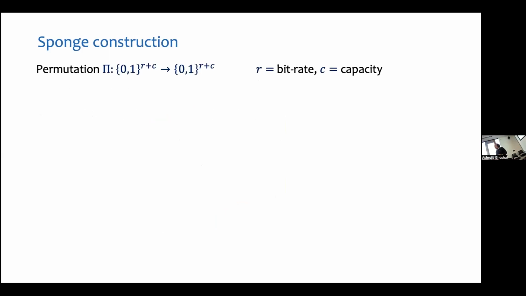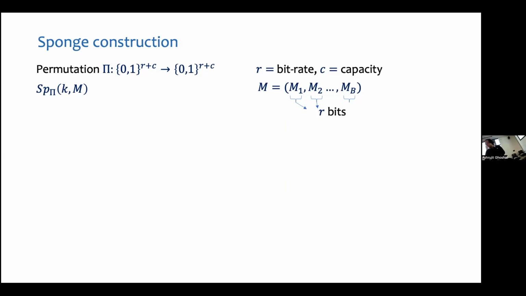Let me give you a very brief overview of how the Sponge construction works. It is parameterized by the bit rate r, that is the number of message bits per block, and the capacity c. The fundamental object is a permutation on r plus c bits. The hash of a message M is defined with respect to a key K. Again, the message is first padded appropriately and broken up into blocks of length r bits.